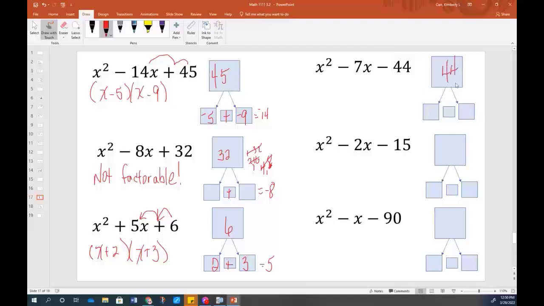What multiplies to 44 but subtracts to give me negative 7? So 1 and 44, 2 and 22, 3 doesn't go, 4 and 11, oh look, 4 minus 11 is negative 7.